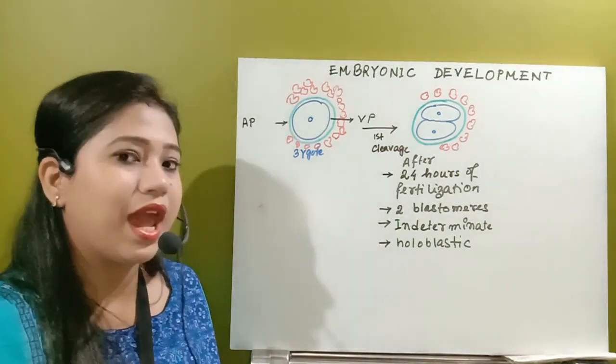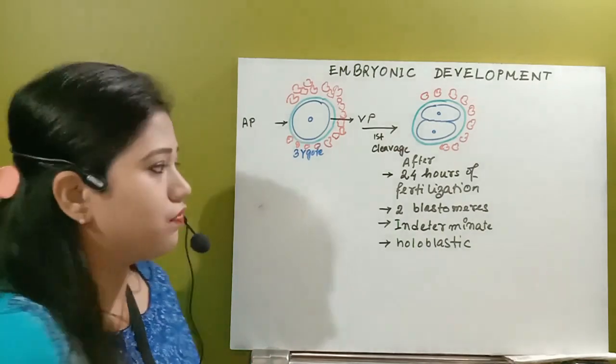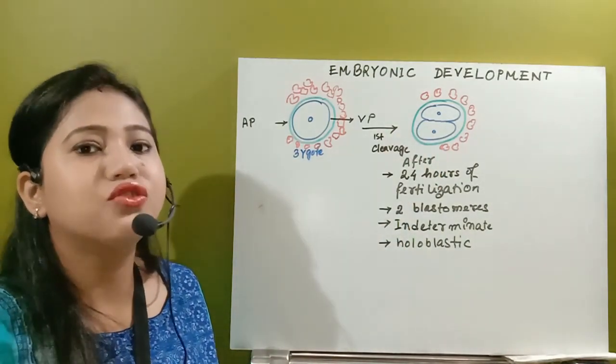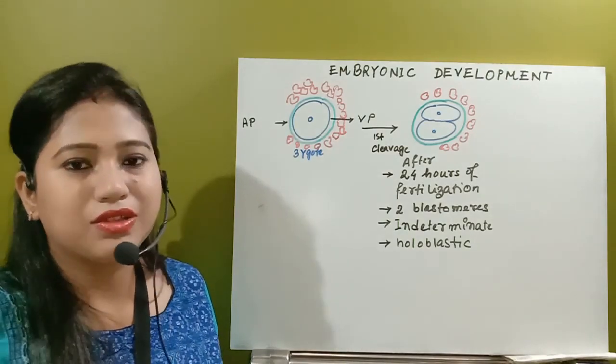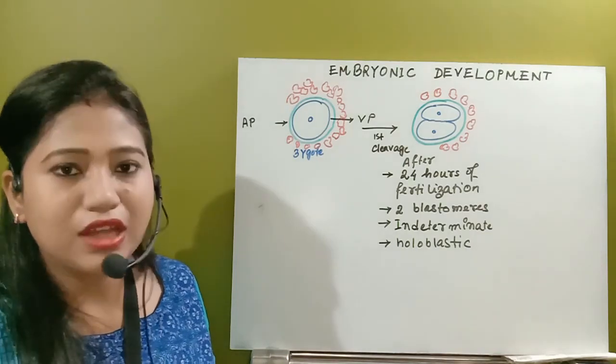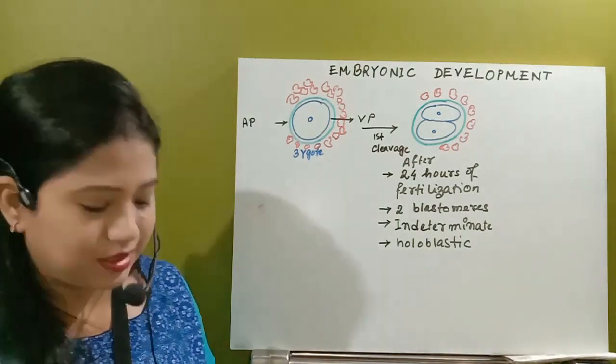In case of human egg, as the yolk content is very little, the two equal size cells are formed and there is no region where the cells are not dividing. It is completely forming two equal size cells.